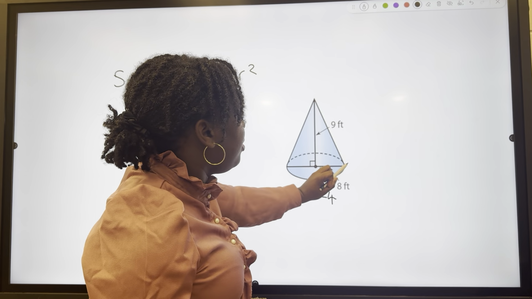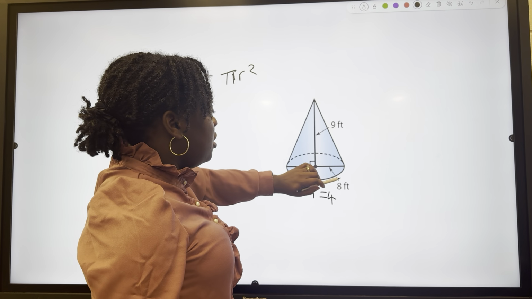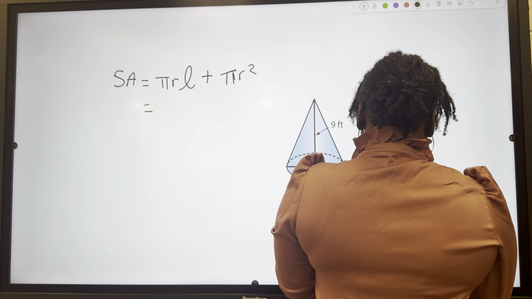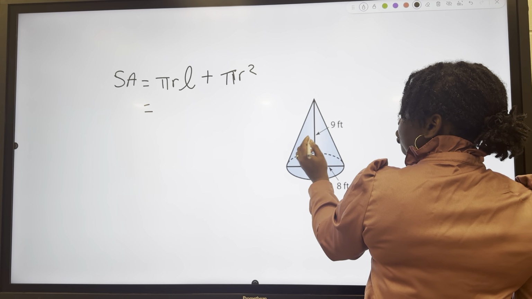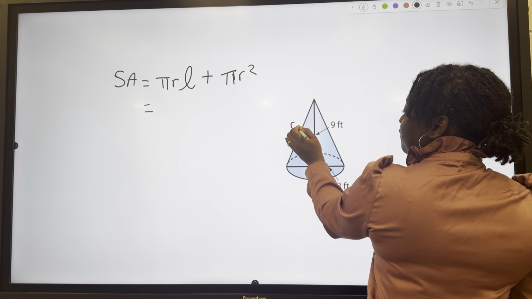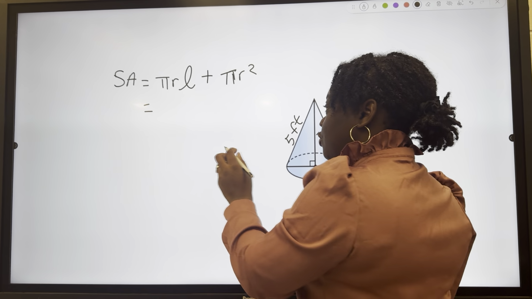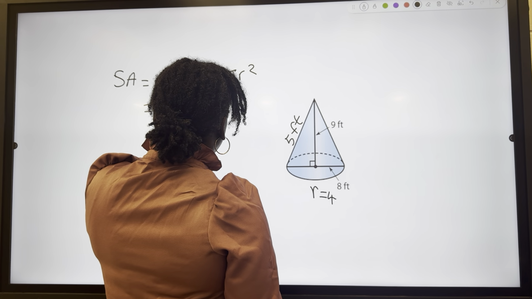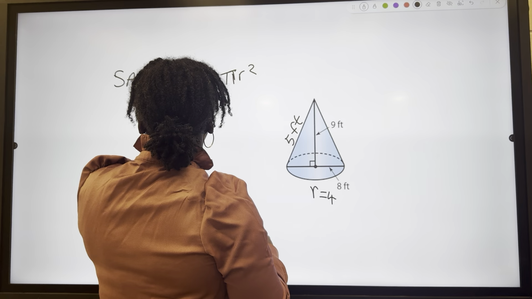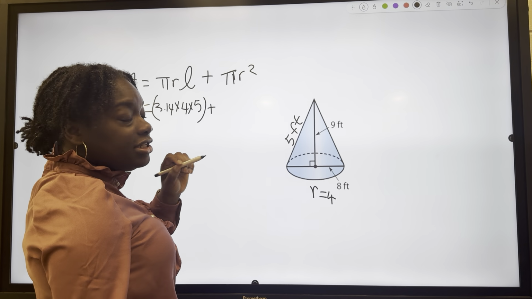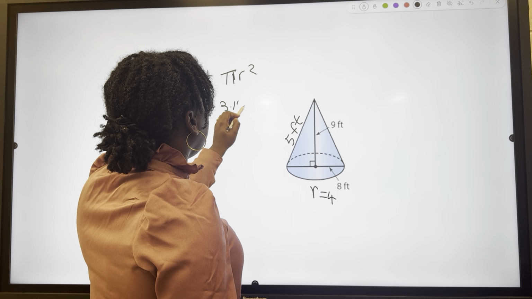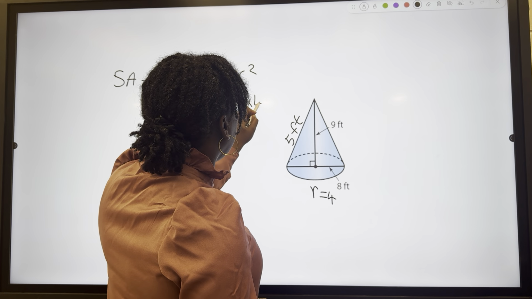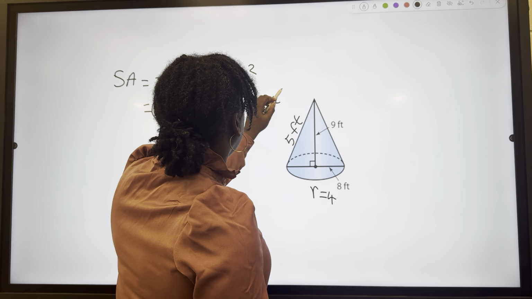So remember that we're not using the full thing, just half of it, which is your radius. The slant height that I'm going to use for this is 5 feet. So that's 3.14 times 4 times 5 plus 3.14 times 4 times 4.